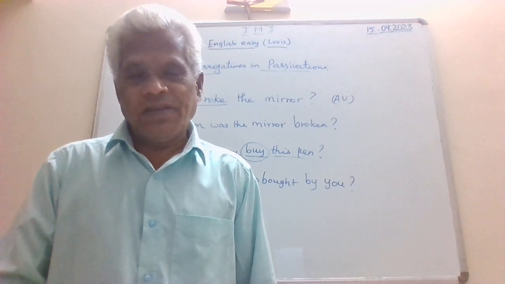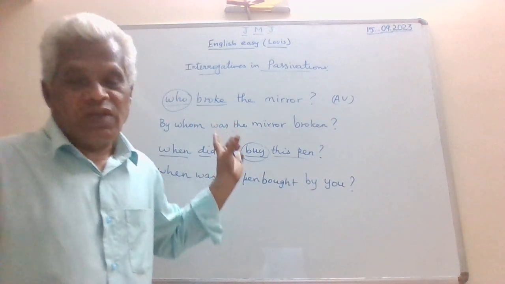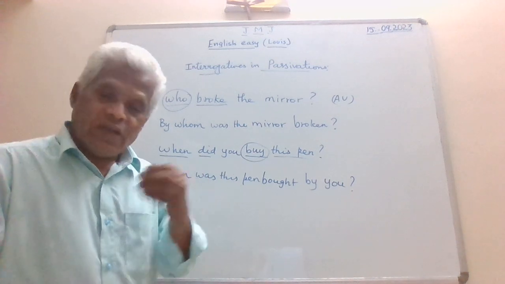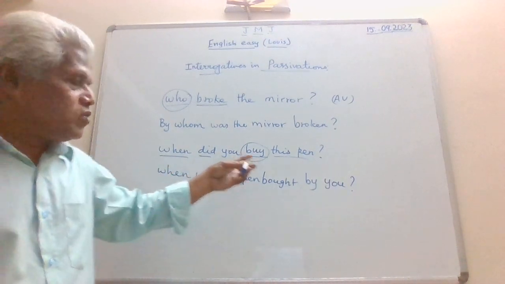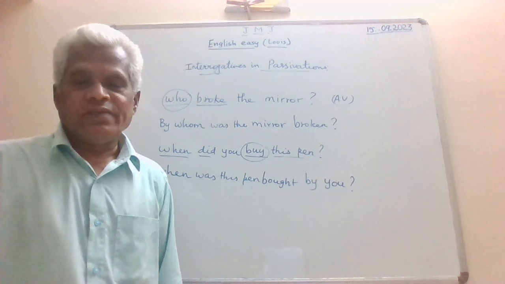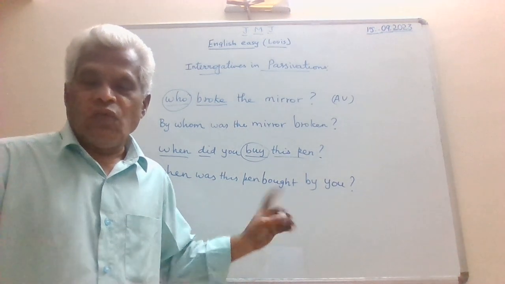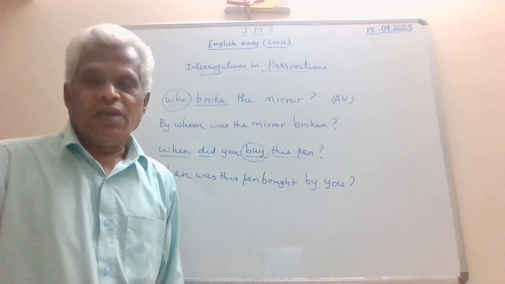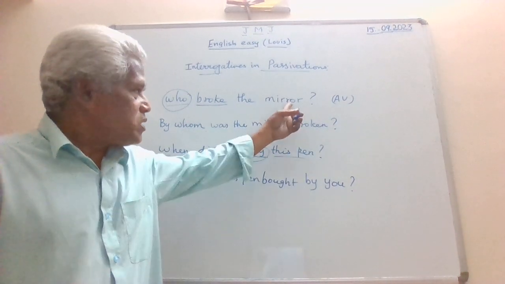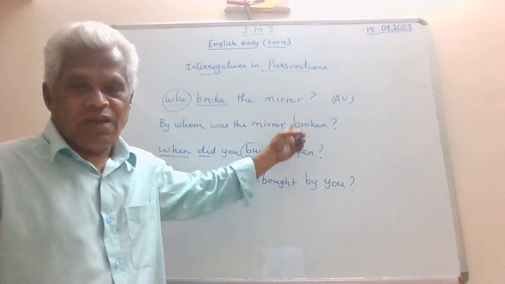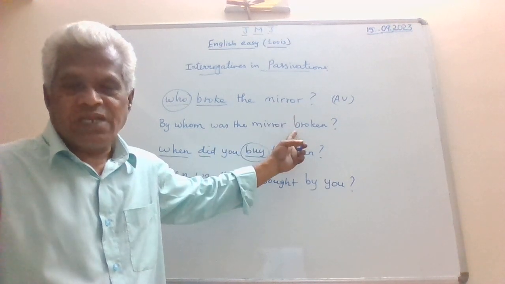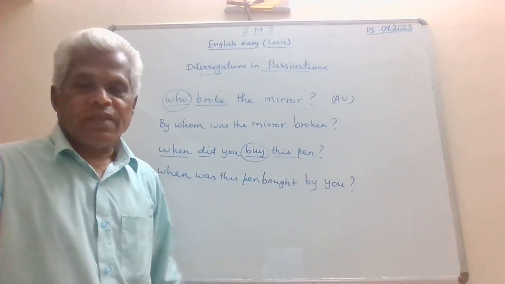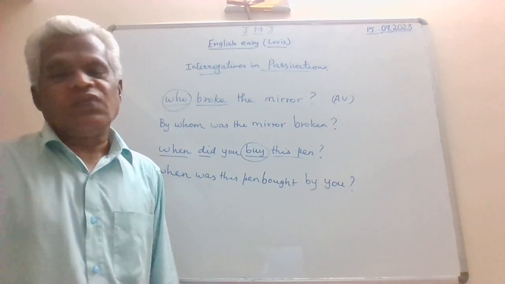I'm just giving you examples only, so we can go on adding. What about this one? When did you buy this pen? When was this pen bought by you? Remember, the question remains as a question both in active voice as well as in passive voice. Now let us frame the rule.